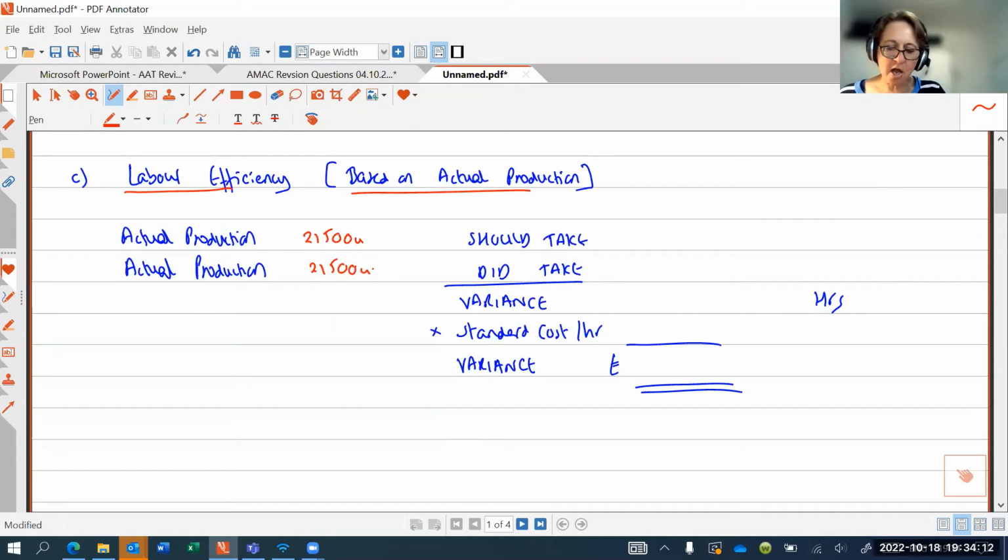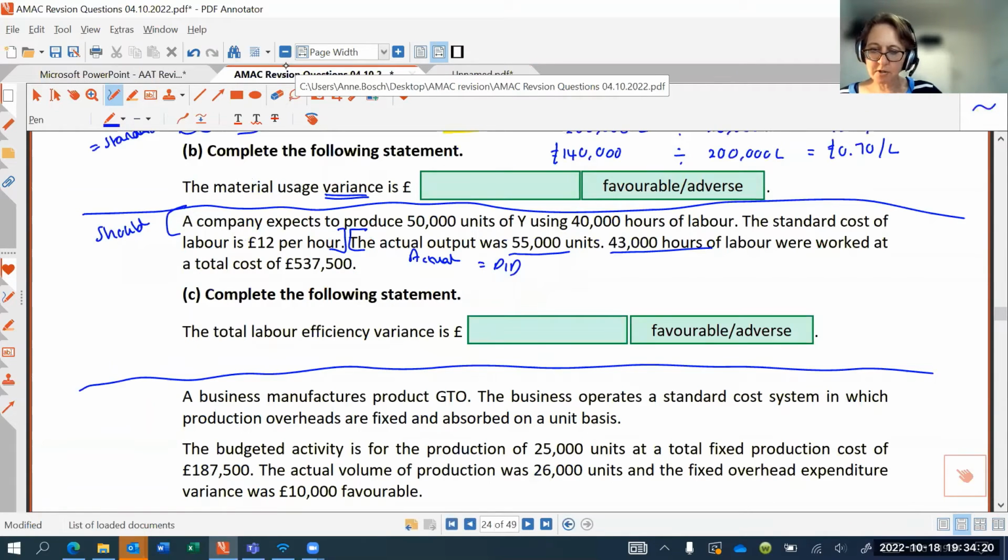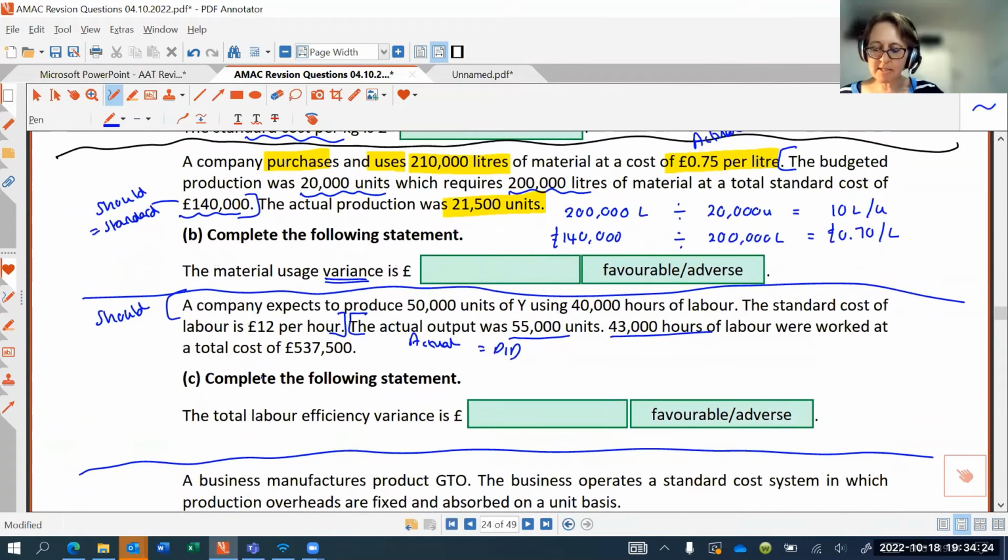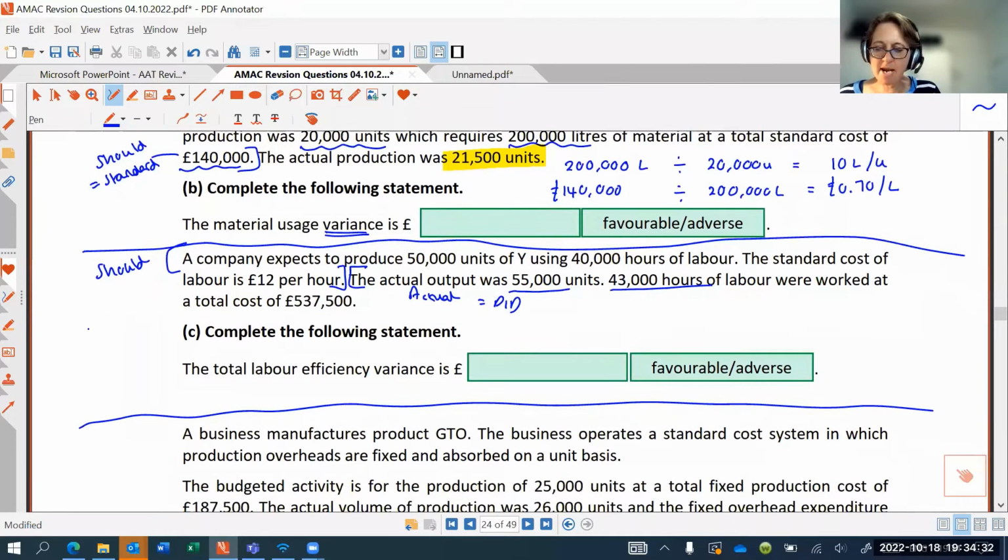I would like to know how long one unit should take me, and I would like to know what one unit would cost. So see if we can work that out just like we did for the material, but we now do it for the labour. So I want to know the usage. I'm just going to use that word, why not? So I want to know how many hours are used per unit. So I want to know the hours per unit.